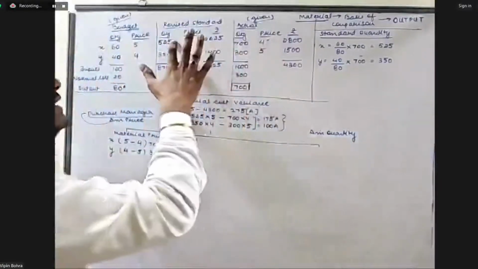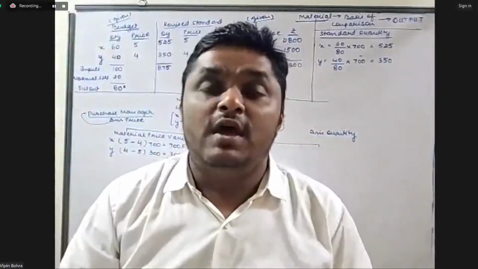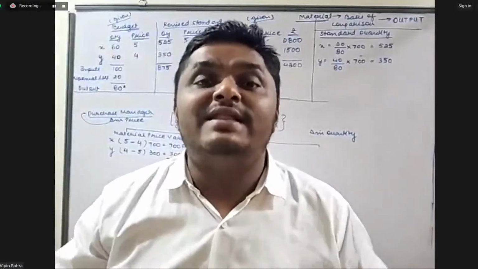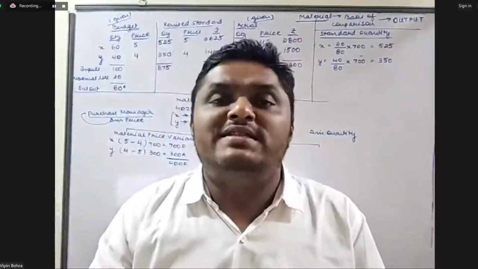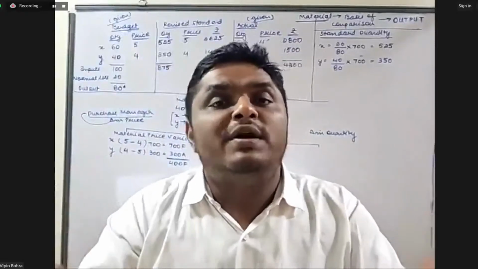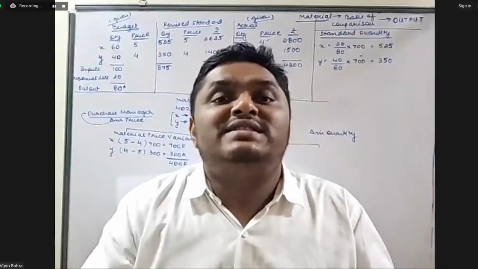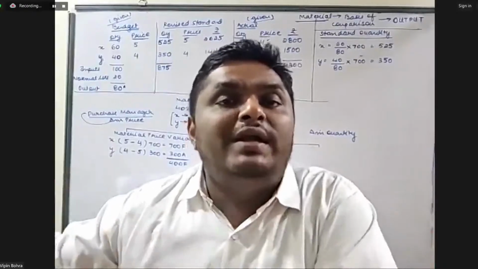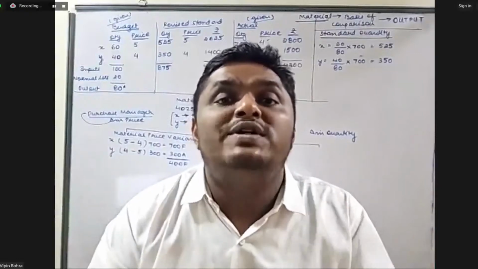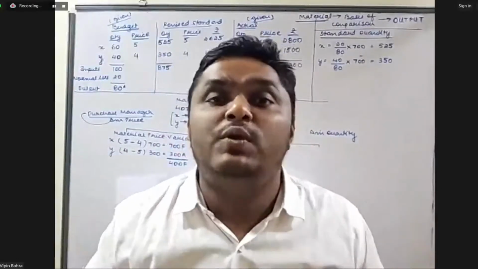Even though the actual raw material use was supposed to be 525 kgs and 350 kgs, the purchase manager has nothing to do with the consumption part. The duty of the purchase manager is to purchase the products at a competitive price as per the request received from the stores. He is not at all concerned about how much quantity was supposed to be consumed or how much was actually consumed.